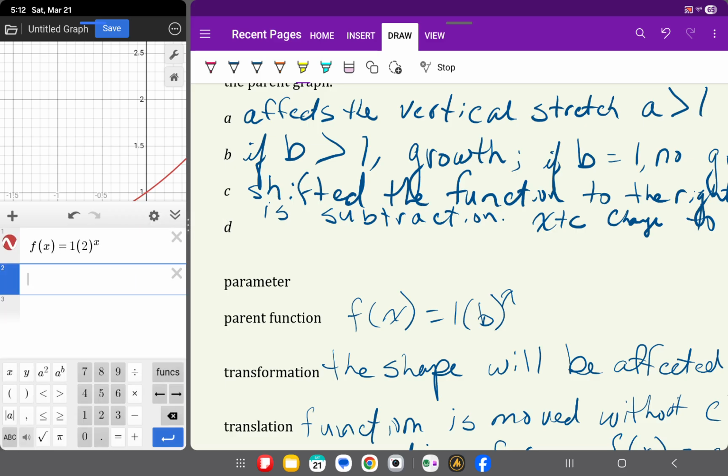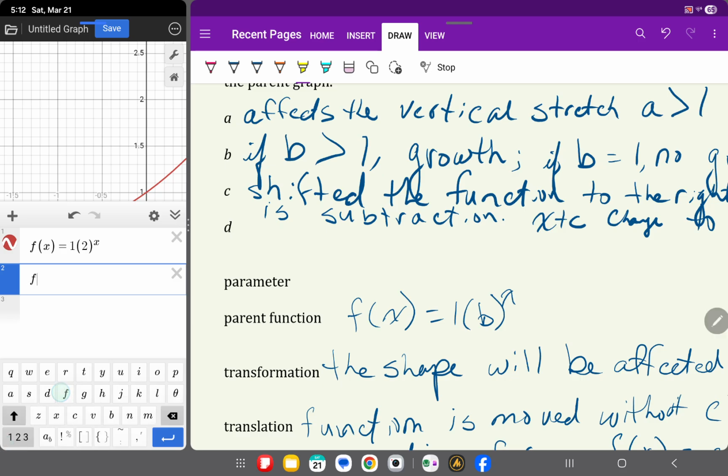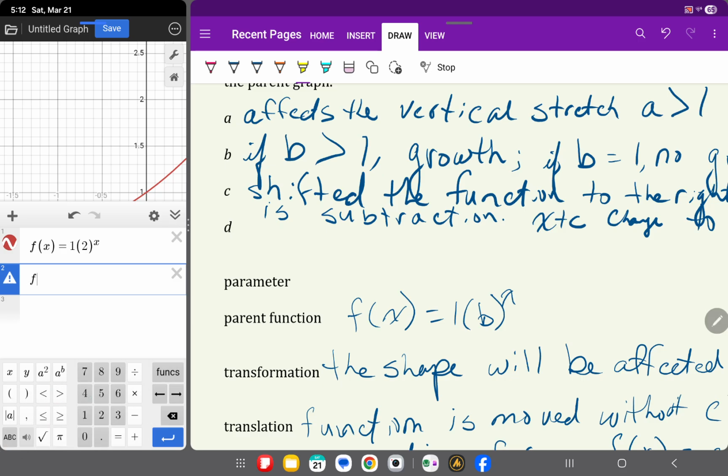All right, so if I have f2 of x equals 1 parentheses 2 parentheses raised to the power of x, plus, let's do 3.